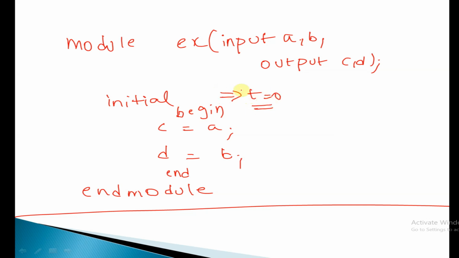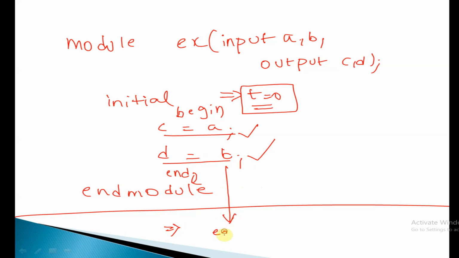This initial block will start at time t is equal to 0, and it will complete all the assignment executions which are present inside this initial begin end block, and it will come out of this block and simulation ends. So basically this initial begin end block will execute only once. Is it clear?